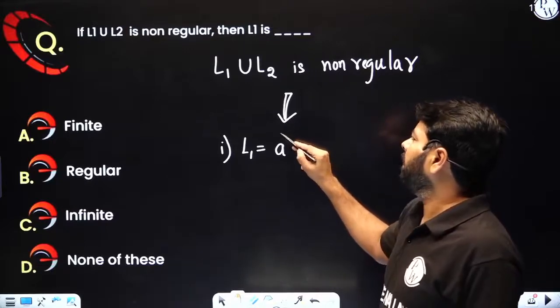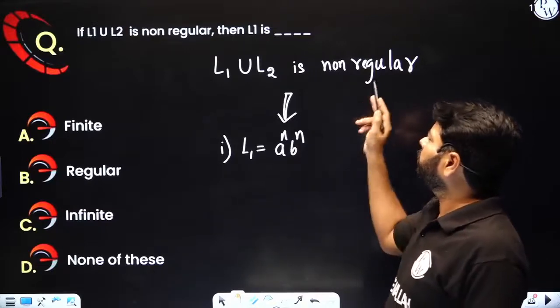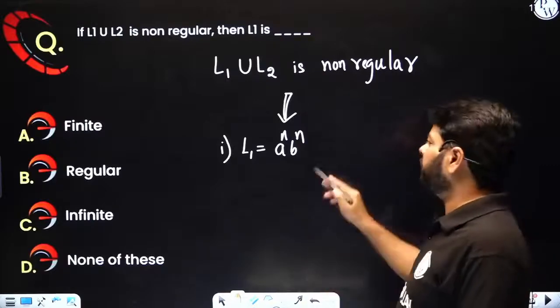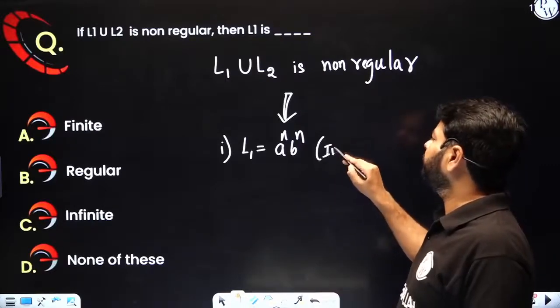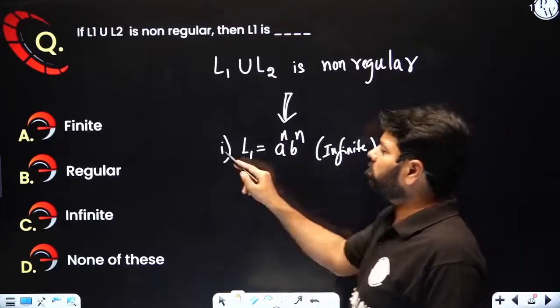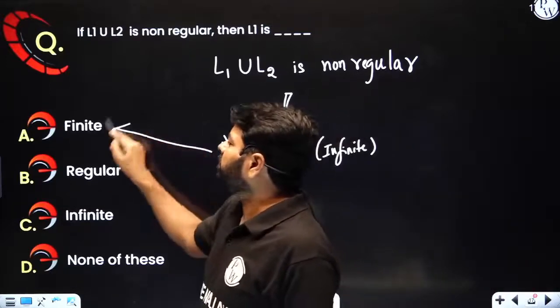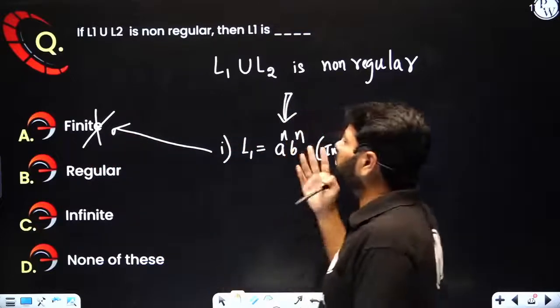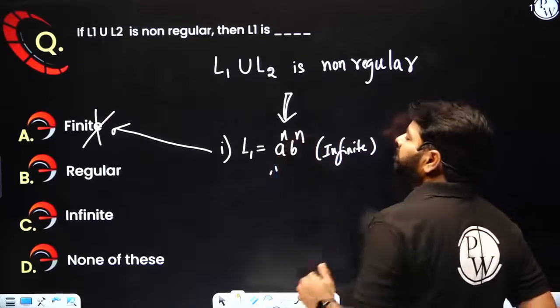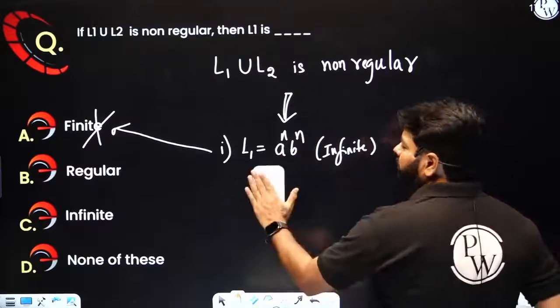Let me take a power n, b power n. But to get the result non-regular, maybe L2 takes the same one if you wanted to prove it. So I'm just showing that it is infinite. So the first option, based on this, I will delete it. As you know, you can't say always finite. I got L1 is a power n, b power n. L2 I also take the same, then the result is non-regular.